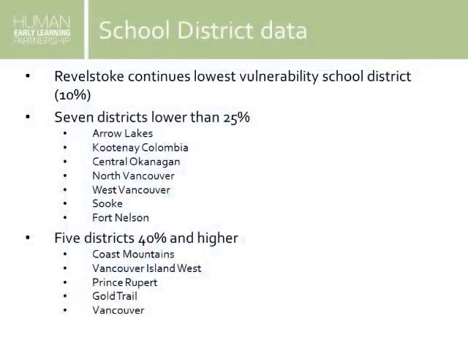This is at the level of the school district now, where you're averaging across neighborhoods that have socioeconomic differences, right? And yet what you're seeing there is we have one district that's actually sitting at about 10%, about 7 that are below 25%, and 5 that are above 40%, right?